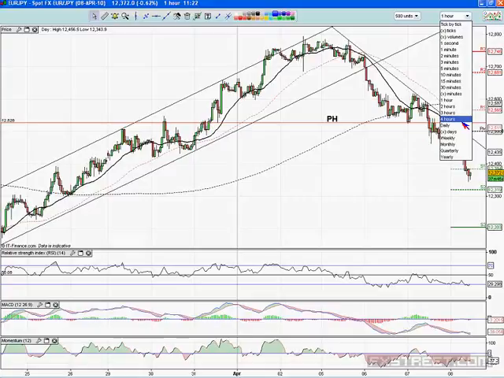I try not to use them on short-term charts, but I do use fib projections for targets, all the way down to 5-minute charts.